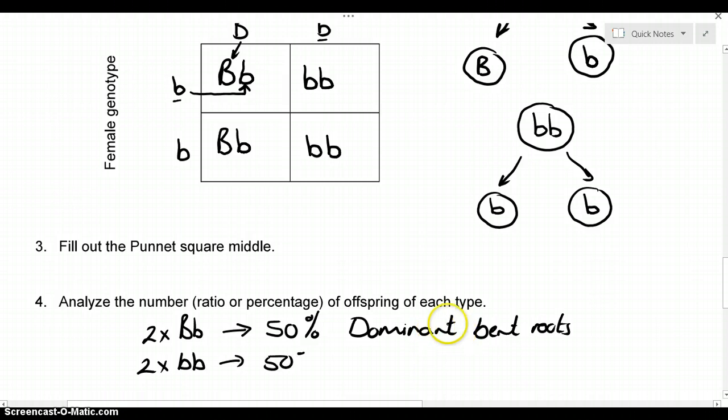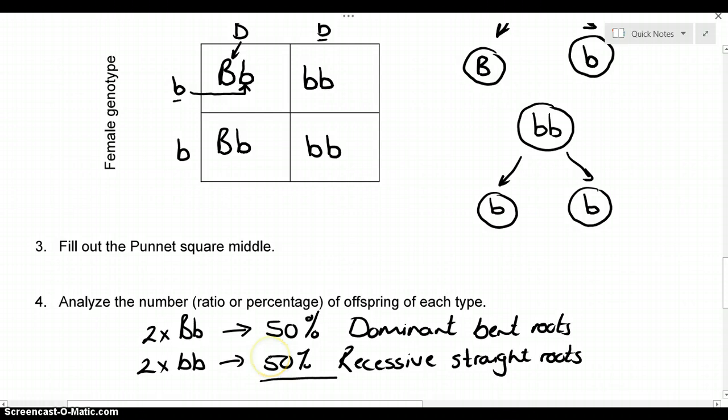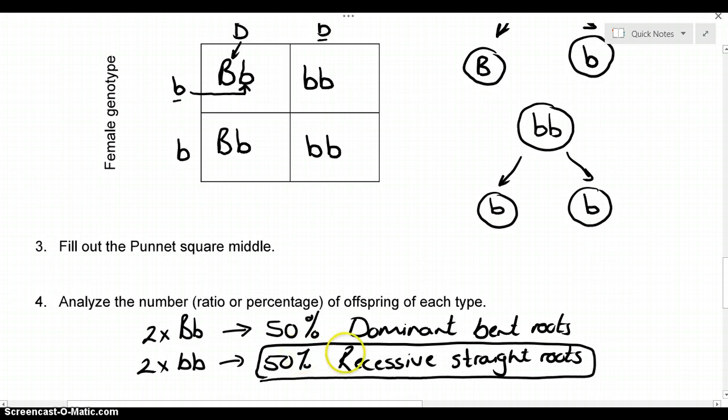That means 50% will be the recessive straight roots. And our answer here would be, of course, 50% of the offspring will show the recessive straight roots due to the genotype of the offspring being lowercase b, lowercase b.